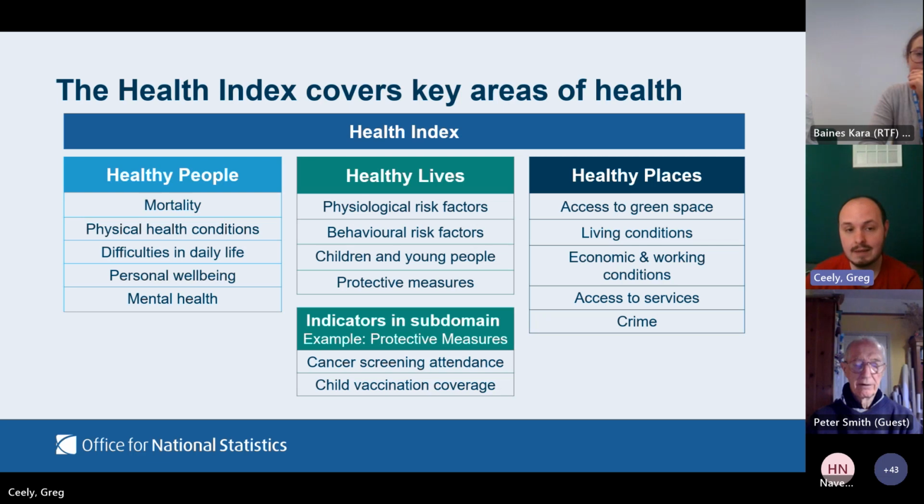Within each of these subdomains, there are typically multiple indicators. In a few cases, there is just the one. The example shown here is protective measures in healthy lives, so your individual circumstances which affect your health, where we have people's attendance of cancer screenings and the coverage of child vaccination in that area, not including COVID vaccination.